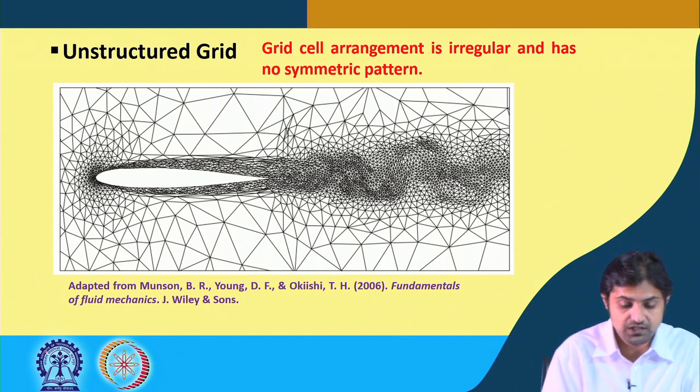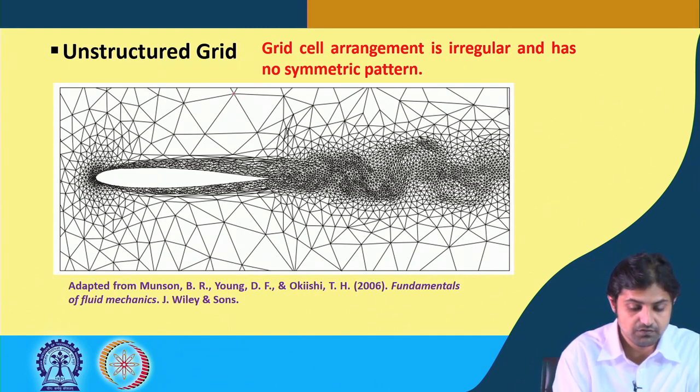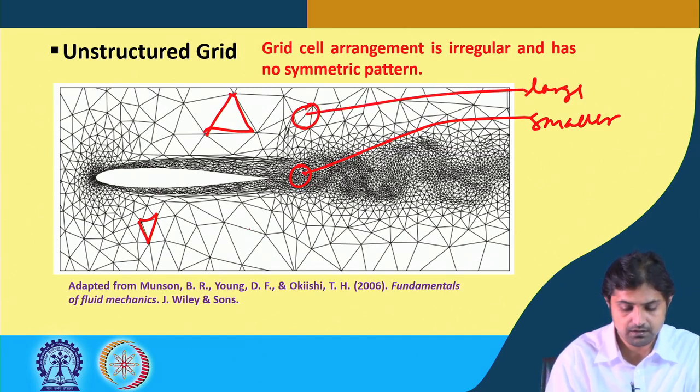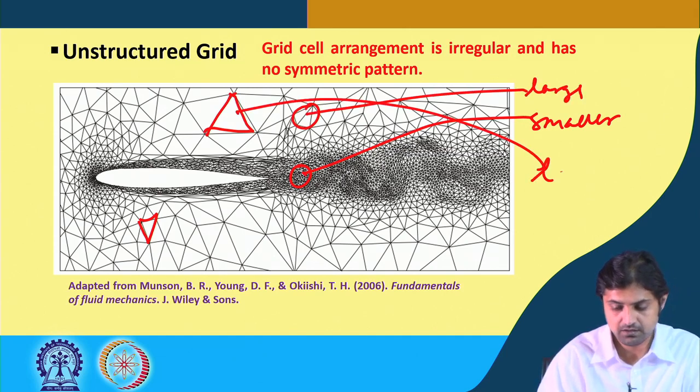Okay. So see the triangles, these are not of any specific same type. You see these cells here are very small, smallest is smaller than these ones here. Largest. Okay.